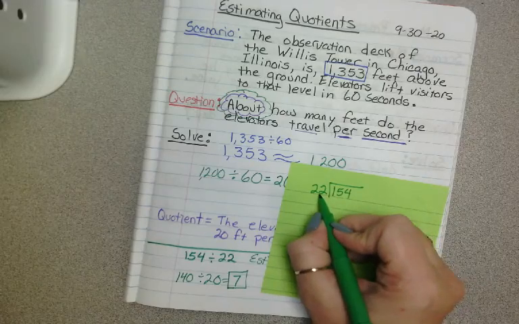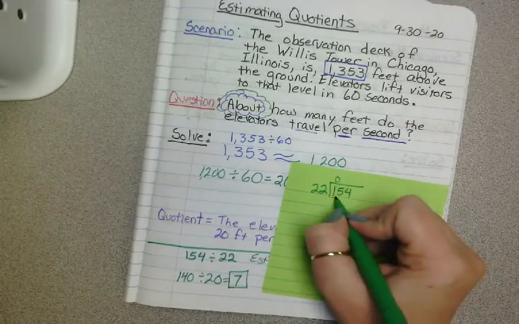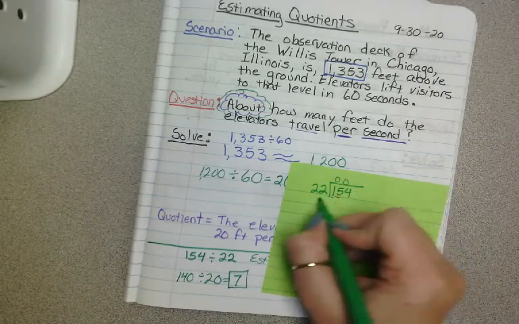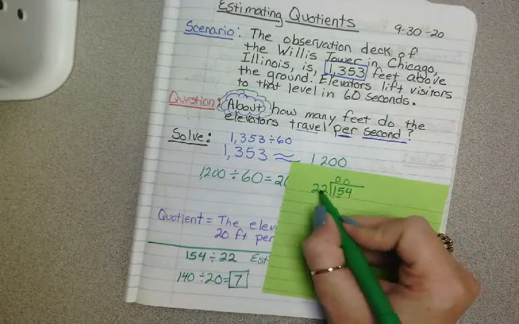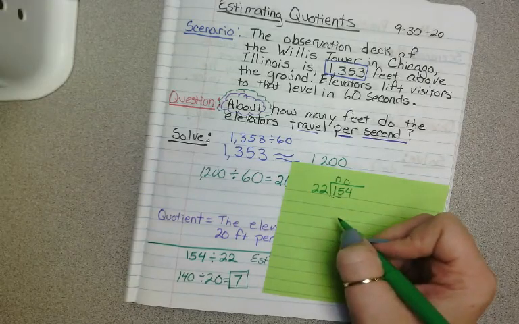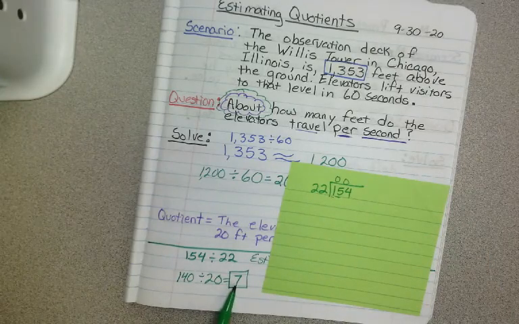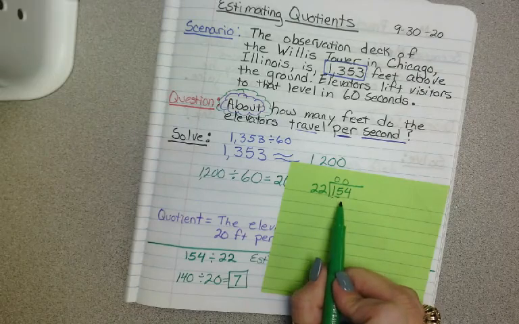Okay, so I know that 22 is not going to go into 0 or into 1. It'll go 0 times, and it'll go into 15 0 times because 15 is smaller. So I'm stuck with trying to put 22 into 154. Okay, so I already know that 7 times 20 is 140. So I can go a little bit bigger, can't I?